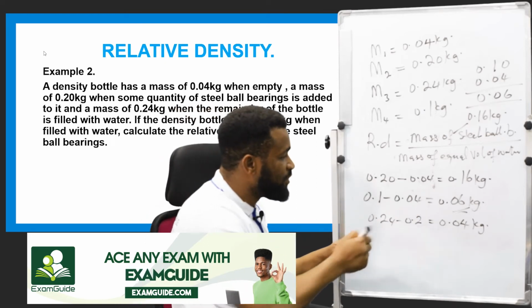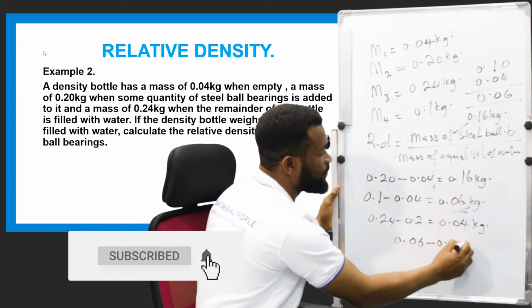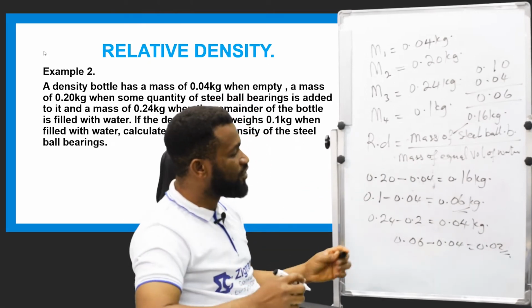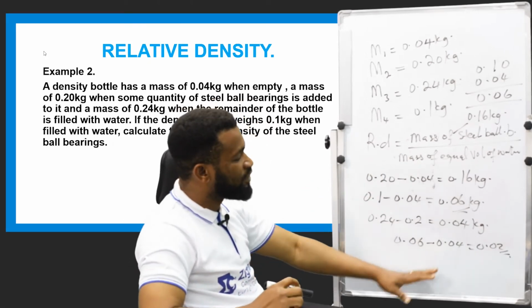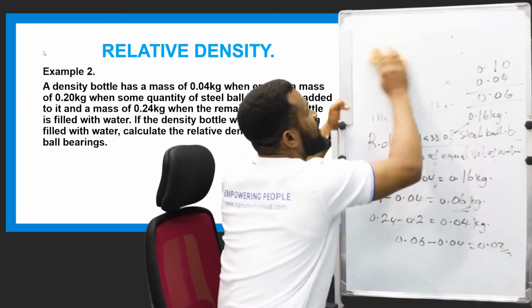And that is going to be 0.06 minus 0.04, which is going to give you 0.02.